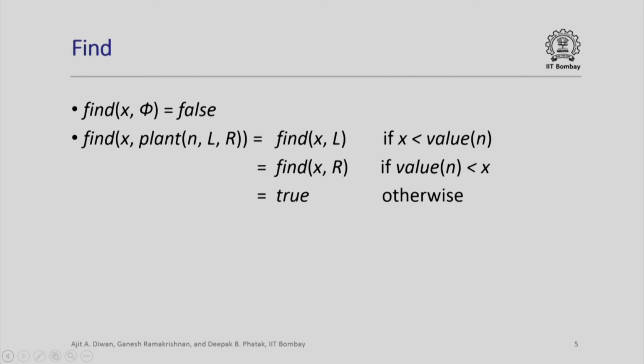Now, what will be find of x comma plant n l r? If our binary search tree has root node n and it contains a left subtree L and a right subtree R, we look at the value stored in the node n.